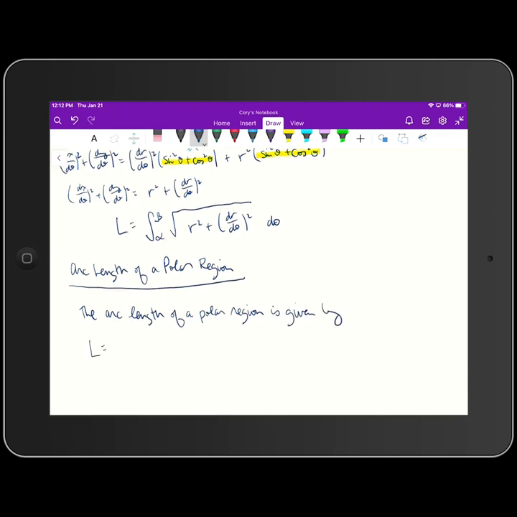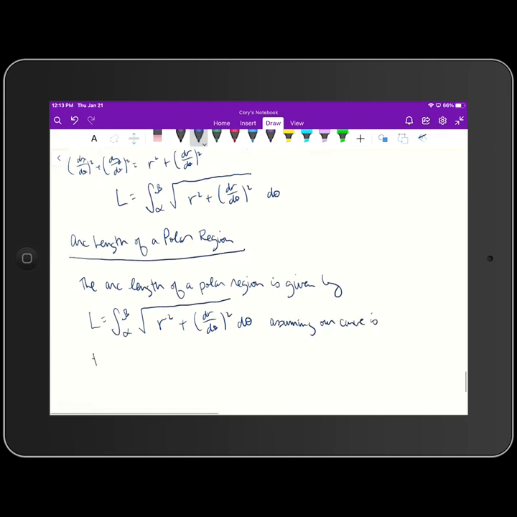So L is equal to the integral from alpha to beta of the square root of r squared plus (dr/dθ)², which we're integrating with respect to theta, assuming our curve is traced out once.